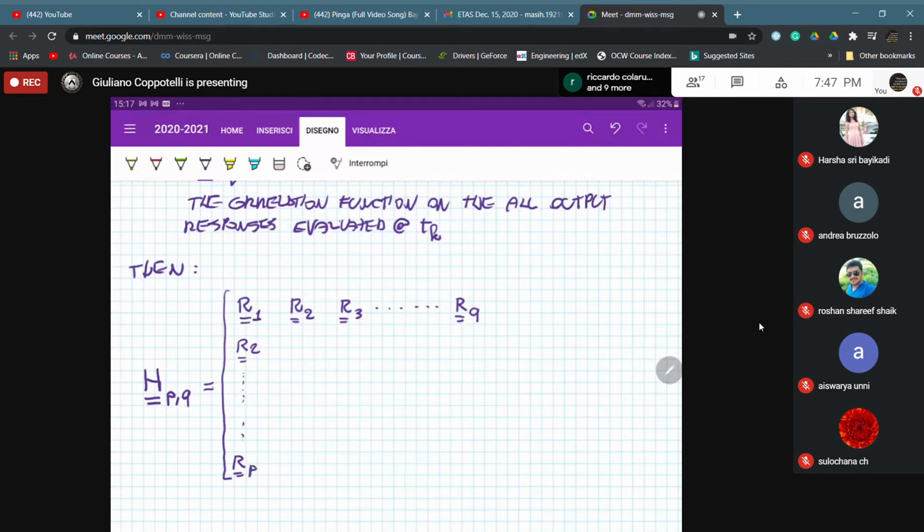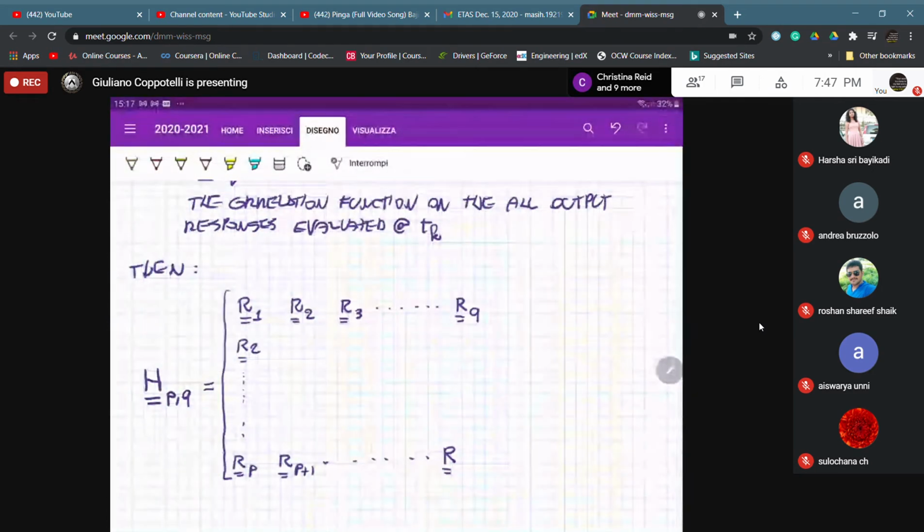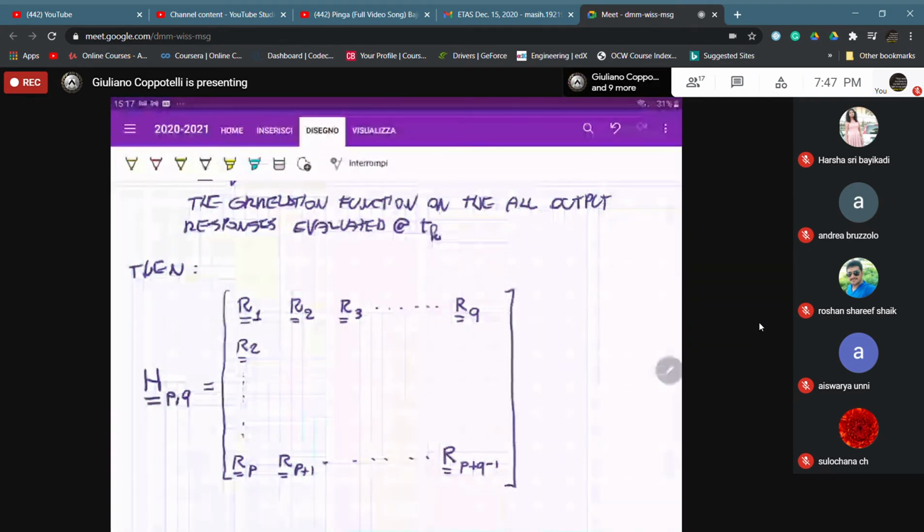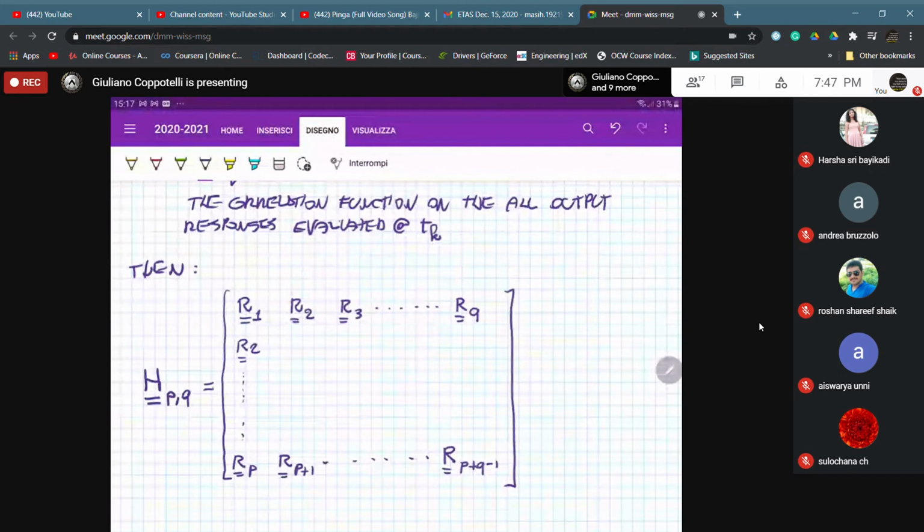Then we get correlation function p plus 1 till the very end, that is your correlation function p plus q minus 1.